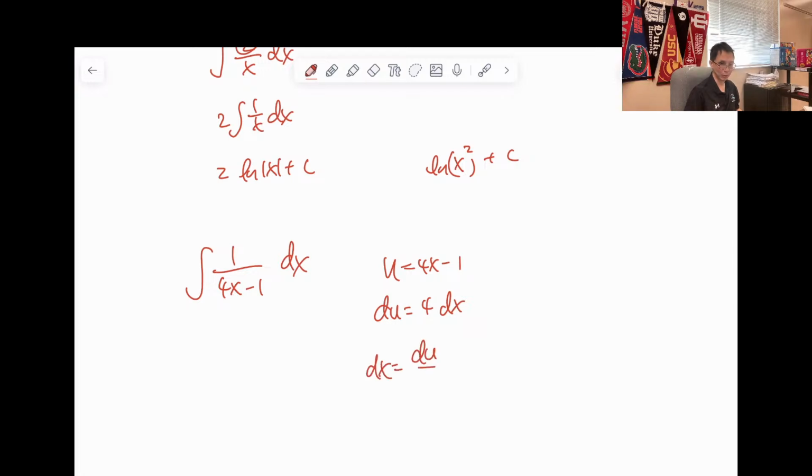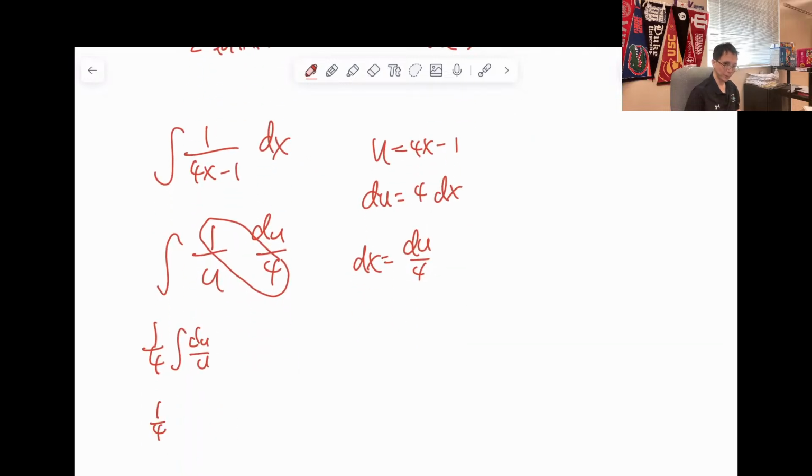It's du over 4. That's how you convert everything in terms of u. So that's going to be 1 over u, du over 4. Do you see this is a constant? So it'll be 1 over 4 natural log of the absolute value of 4x minus 1 plus c.